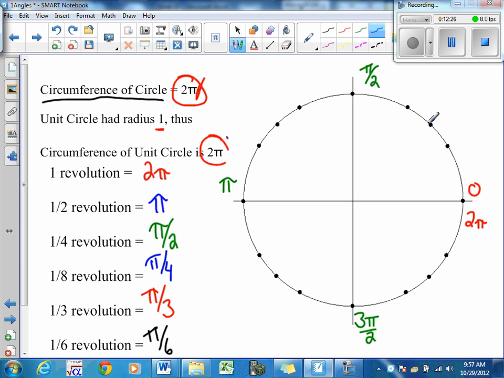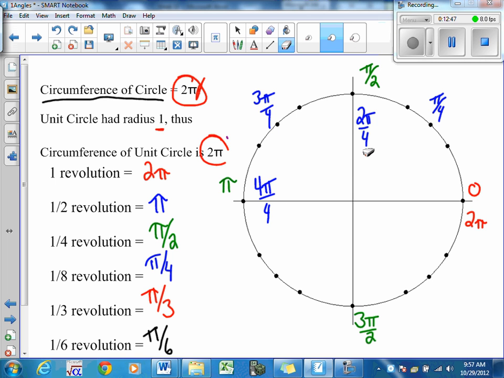Now let's go around and put the next one in, this dot. This is half of the pi over 2, so this is pi over 4. 1 pi over 4, 2 pi over 4, I'm just going to write this down so you can see the pattern. 3 pi over 4, 4 pi over 4.